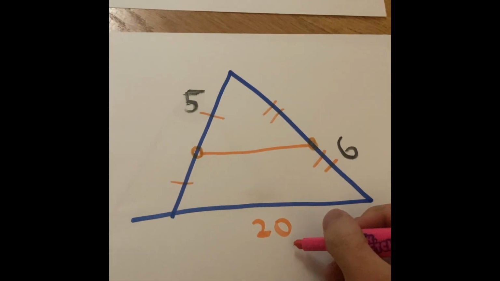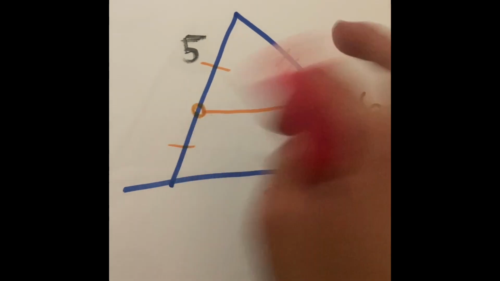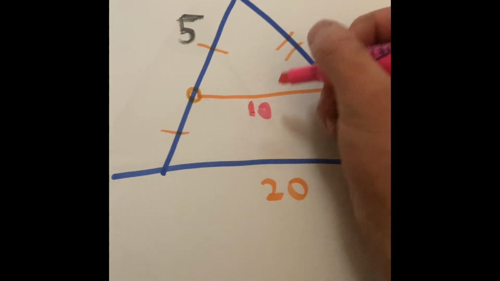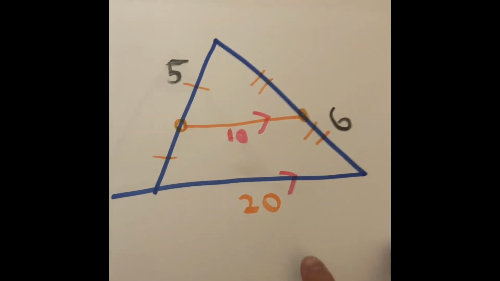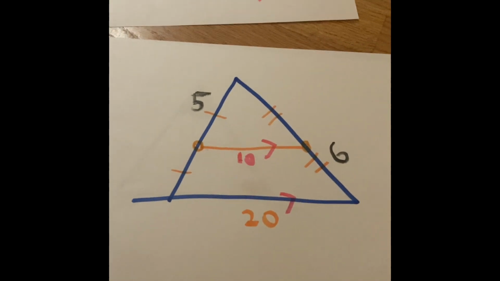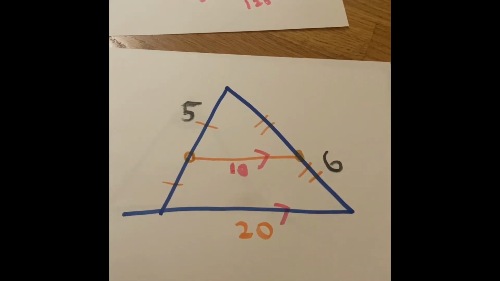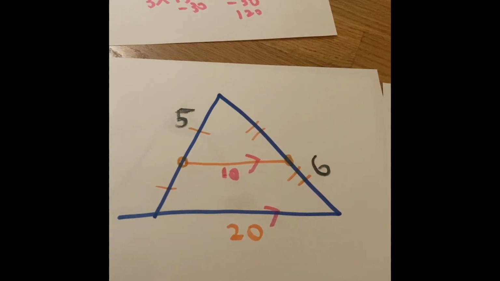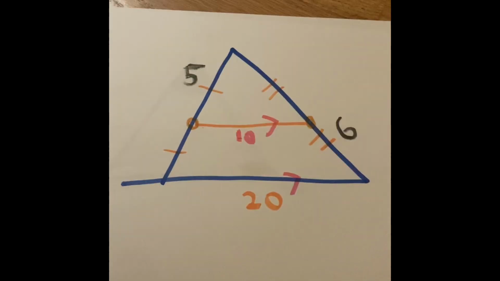So, half of 20, this orange line connecting here and here is going to be 10. And also, it's going to be parallel to each other. So, it's going to be easy to find congruent angles since you have parallel lines. You can use alternating exterior, alternating interior, and much more.